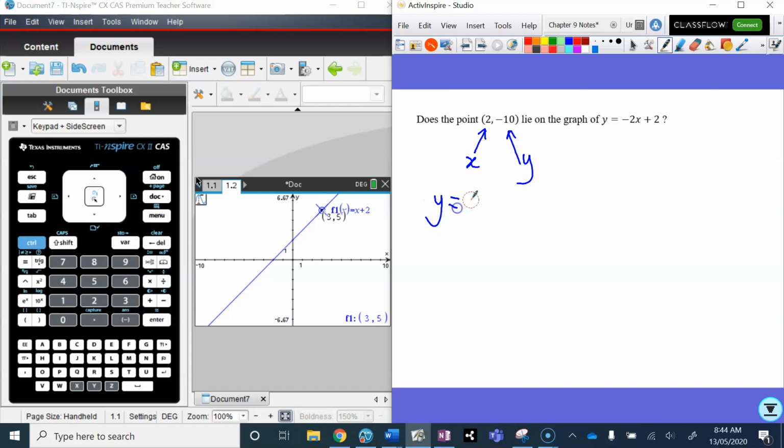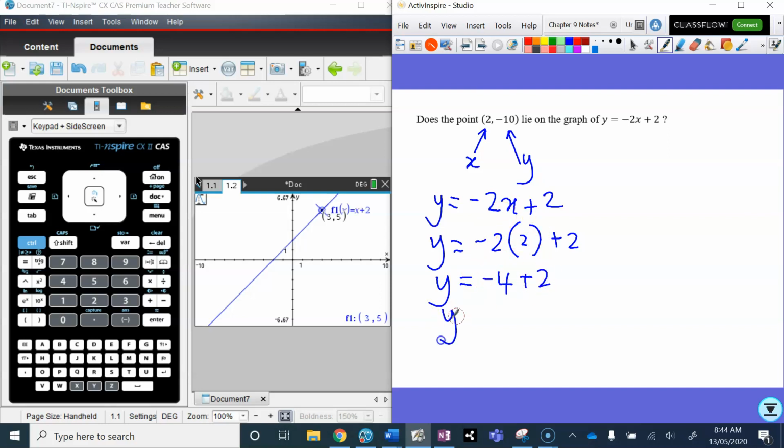So the equation was y equals negative 2x plus 2. If I'm going to substitute the x value into that equation, 2, y is equal to negative 2 times 2 plus 2. Okay, so if I simplify that down, y equals negative 4 plus 2, so y is equal to negative 2.